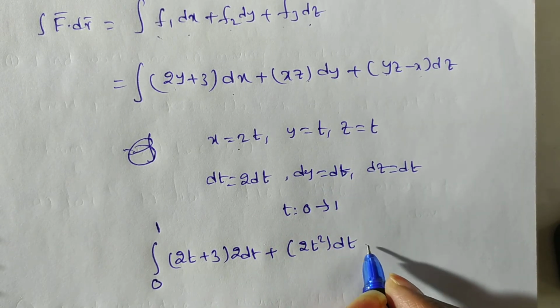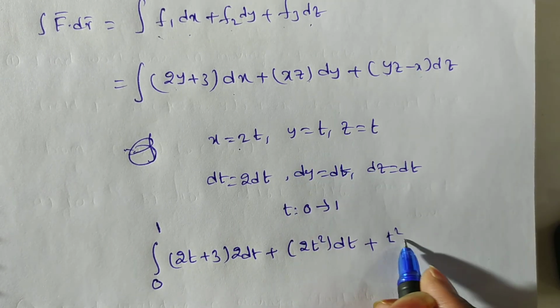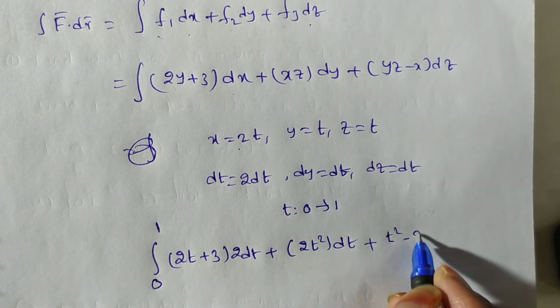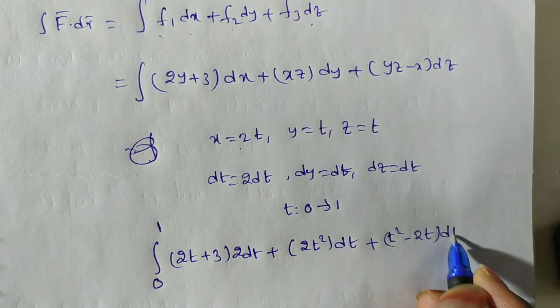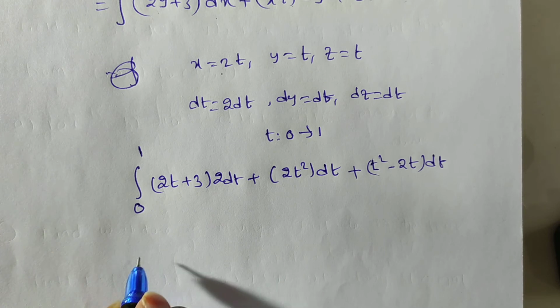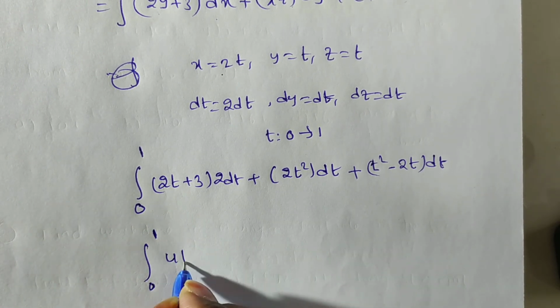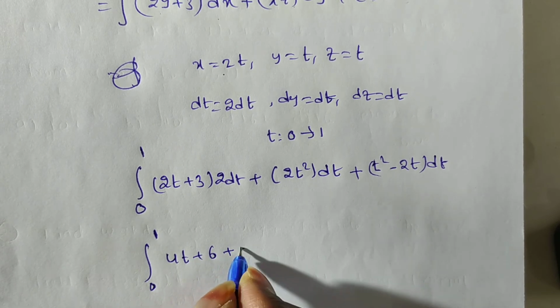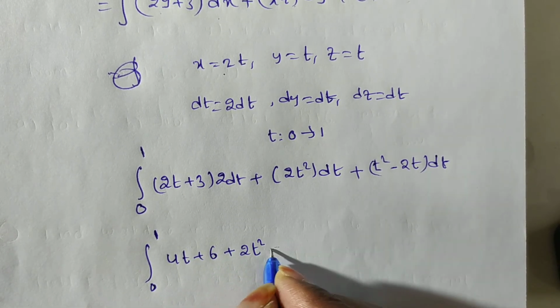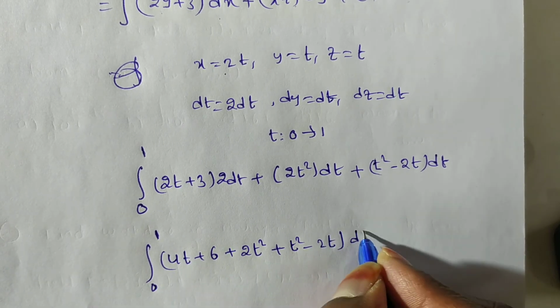Now yz, y into z means t into t, t square, minus x, x is nothing but 2t, dt. That's it. Now from this you can take dt as common. So integral from 0 to 1 of (2 times 2 is 4t plus 6 plus 2t square plus t square minus 2t) dt.